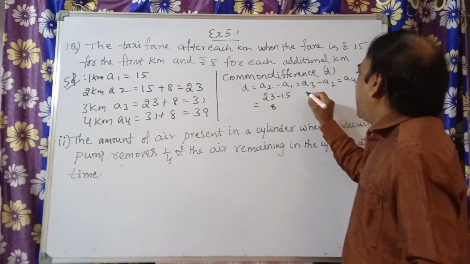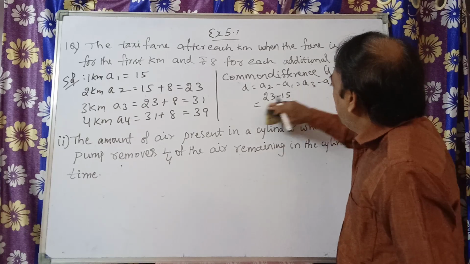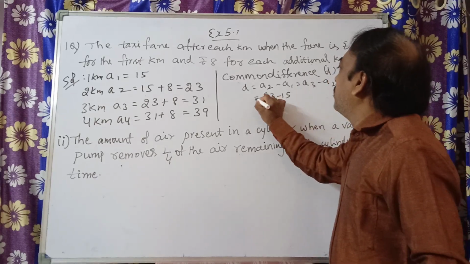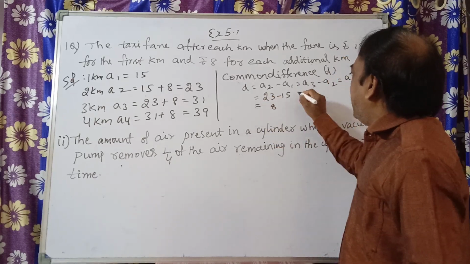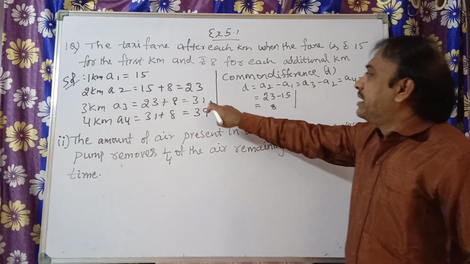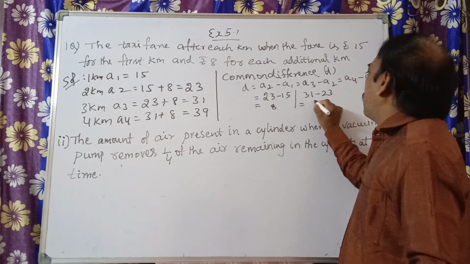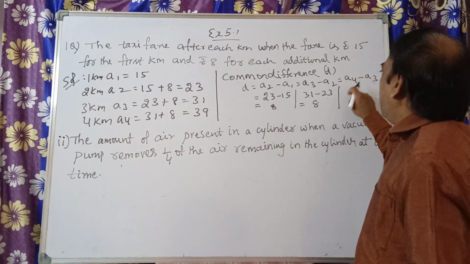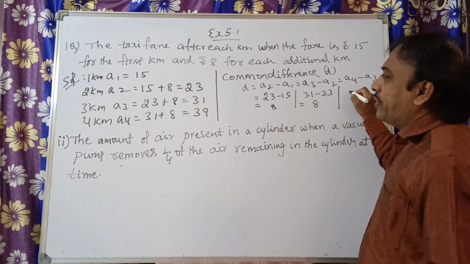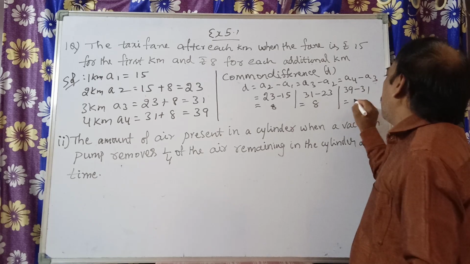8. Then the next one, A3 minus A2, 31 minus 23, which is equal to 8. Then next A4 minus A3, A4 is 39, so 39 minus 31, which is equal to 8.